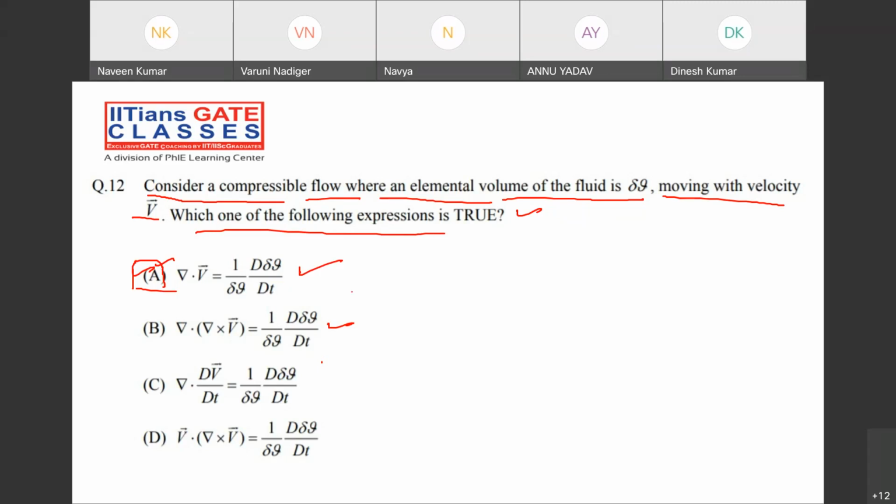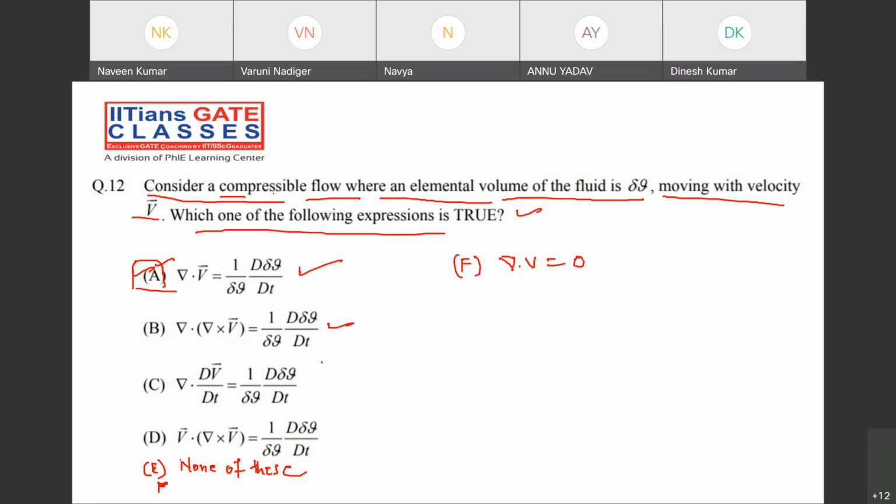Now my question is, I will add two more options: none of these, and del dot V equals 0.